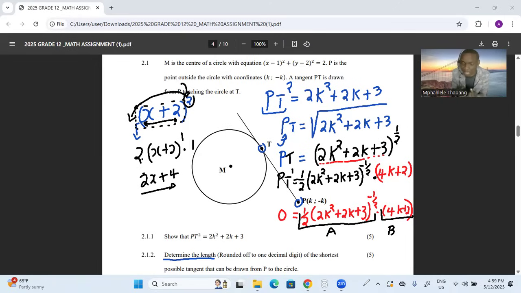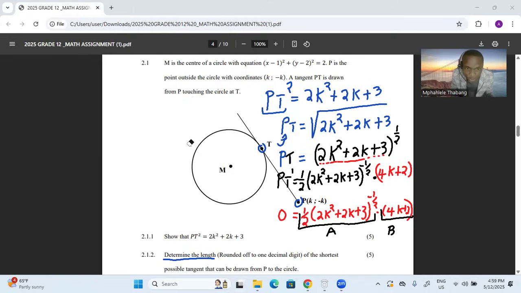So I'm going to say 4k plus 2, which I said is my B, is 0. So A equals 0 or B equals 0. So I'm going to focus on B. I'm going to focus on 4k plus 2. So I'm going to say, okay, 4k plus 2 equals 0.